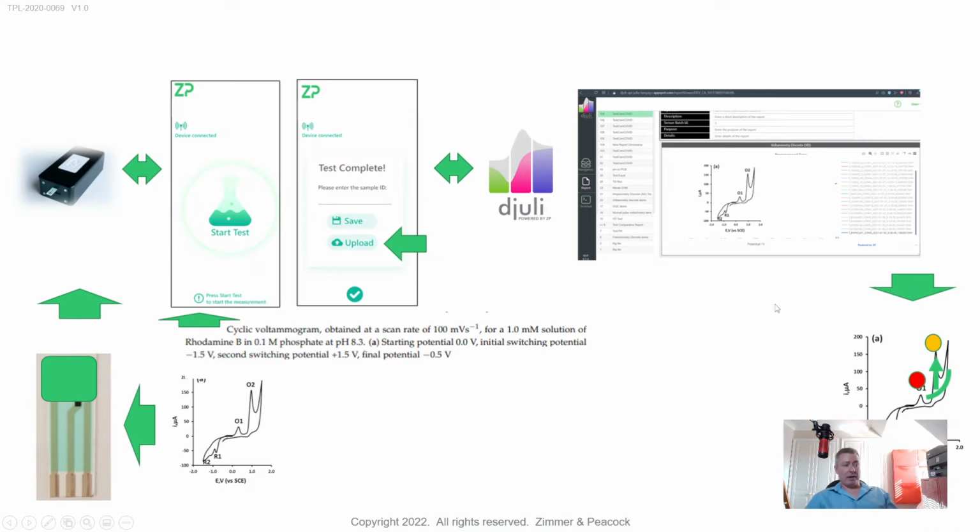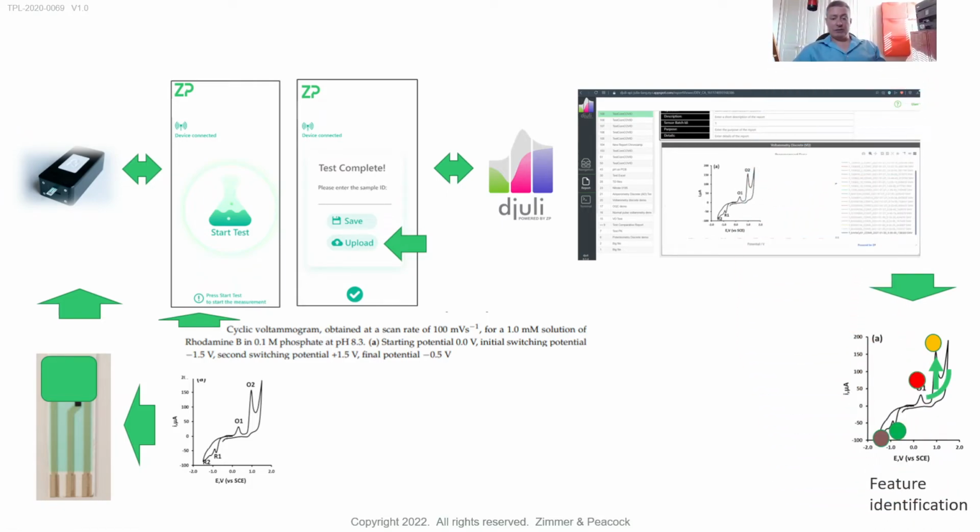And then Julie can also do things like baseline subtraction to allow us to actually analyze the peak height and do mathematical manipulation on the data so that we can extract essentially a signal from the entire spectrum. For example, if we're going to call it a spectrum, we'll call it a voltammogram. So we can do what we call feature identification, and we can then go on.